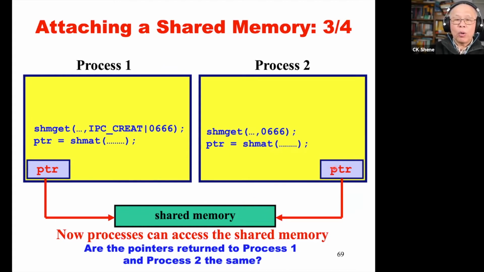So my question is, are these pointers the same? In other words, ptr in process 1 and ptr in process 2, do they have the same address? Please pause and give it some thought. When you get your answer, then please continue.